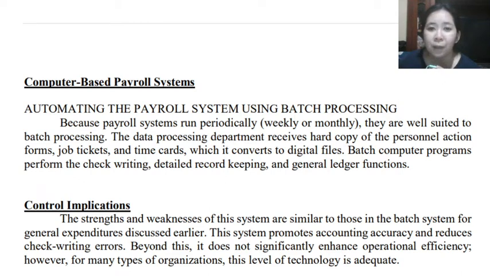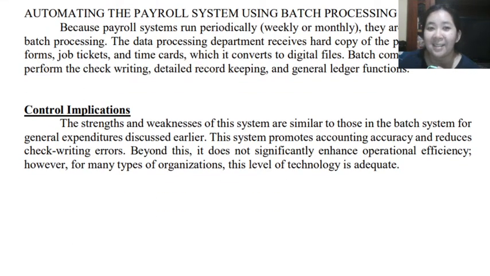What about control implications? Basically, the strengths and weaknesses of this system are similar to those in the batch system for general expenditures in our previous module, meaning this system will promote accounting accuracy and it will reduce check writing errors. Beyond this, it does not significantly enhance operational efficiency.